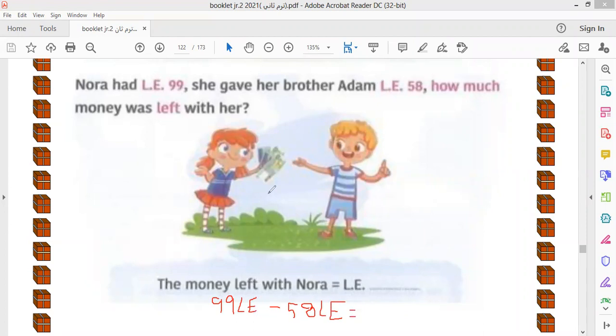Start with ones minus ones, then tens minus tens. 9 minus 8, 1, and 9 minus 5, 4, 41 LE.